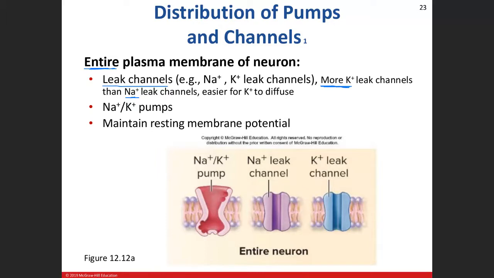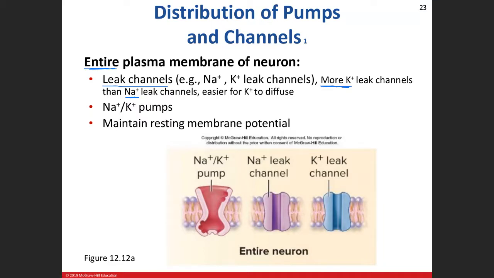Meanwhile, while these leak channels are letting sodium and potassium leave or enter the cell, the sodium potassium ion pumps are like, well, that's messed up. It's like being in a rowboat. Two people are in a rowboat. One person's operating a bilge pump, bailing water out, and the other person keeps putting holes in the boat and letting the water go in.